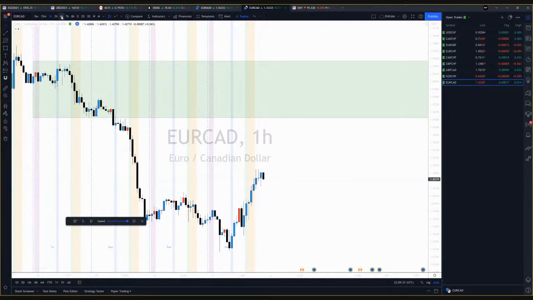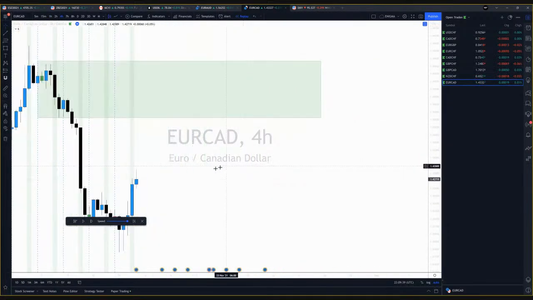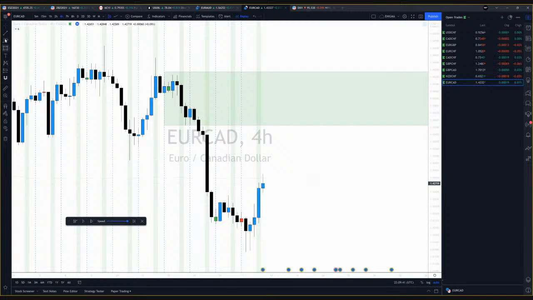Let's go to the H4. I would have bought if we retrace into this gap, especially this candle's high. If we touch it, I'm going to buy it.